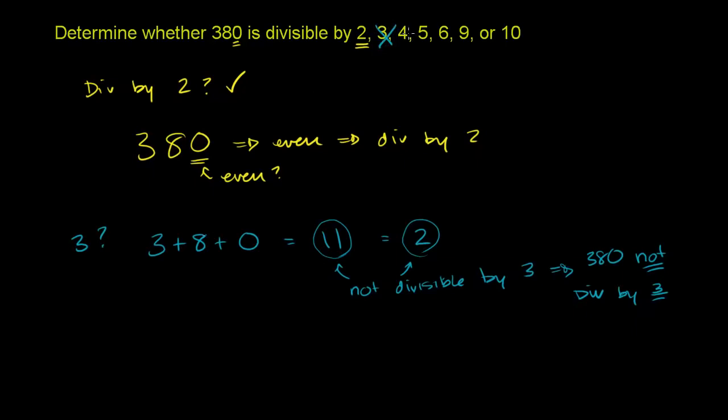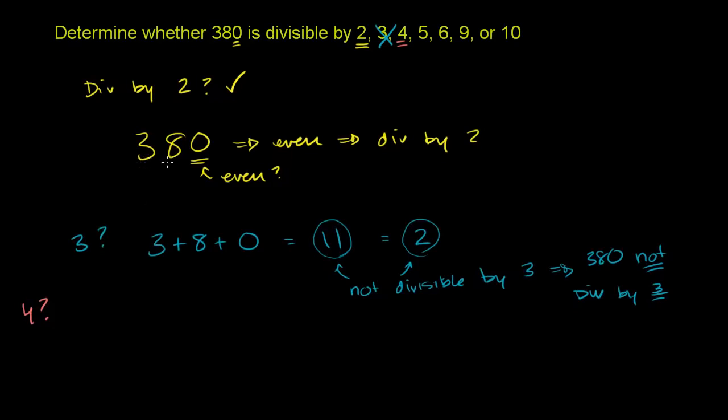Now let's think about the situation for 4. So we are wondering about 4. Now, something you may or may not already realize is that 100 is divisible by 4. It goes evenly. So this is 380. So the 300 is divisible by 4.